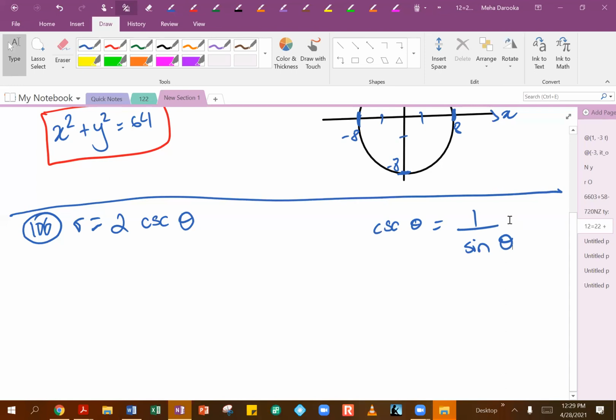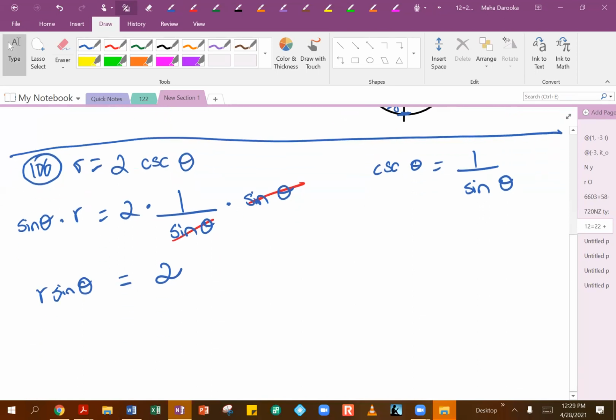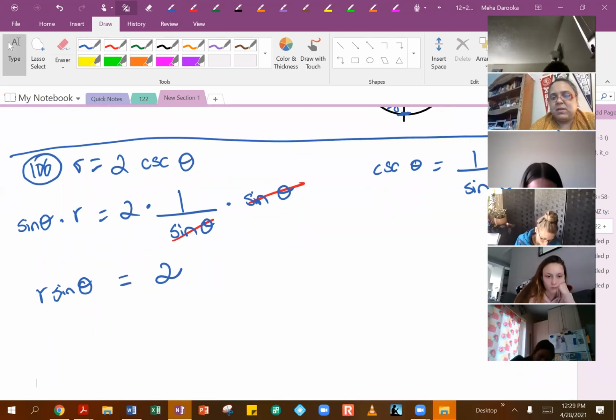So just imagine what would happen if we try to clean this up a little bit. We've got r on this side. I can rewrite this as 2 times 1 over sine theta. So if I wanted to get rid of that guy, I can multiply both sides by sine of theta. This would cancel out here. And 2 times 1, we would have 2. And what does r times sine theta remind us of from this section?